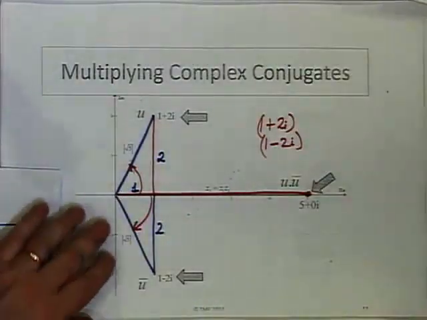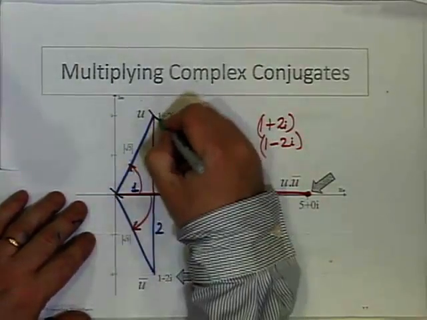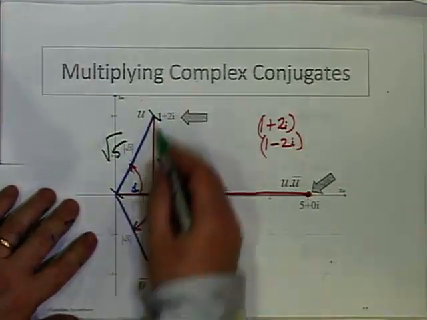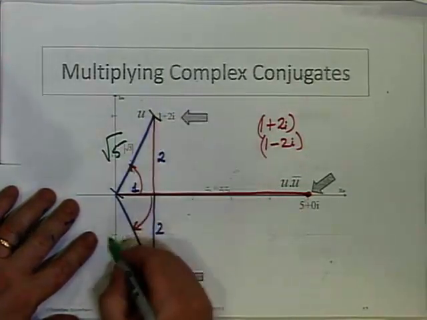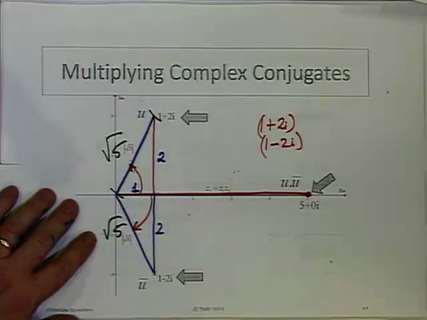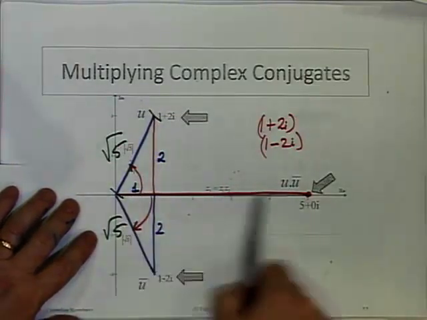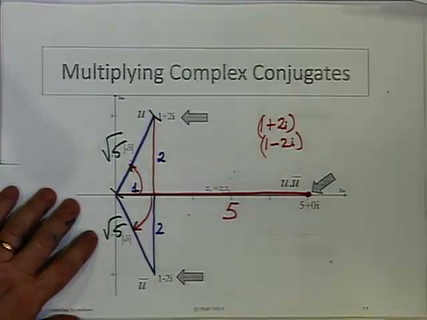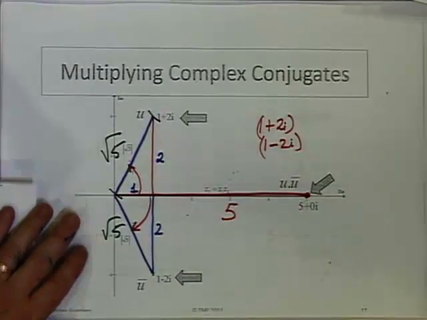Now, funny enough, the modulus, or the distance between here and here, is the square root of 5. And because this is a mirror image, this is the square root of 5. And what do we find the length here was? 5. Oh, that's interesting.